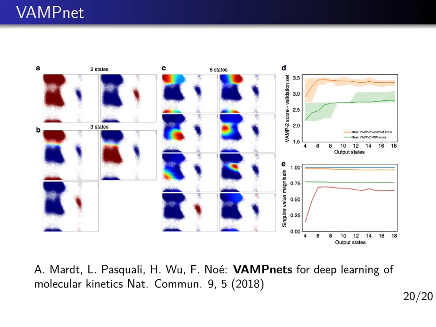On the other hand, we can say we define a variational score that measures slowness or time autocorrelation, and we optimize either linear matrix representations or neural networks with respect to that score. And all of this can be done, and it leads to different methods called time-lagged canonical covariance analysis, TICA, time-lagged independent component analysis, and the VAMPnet method.